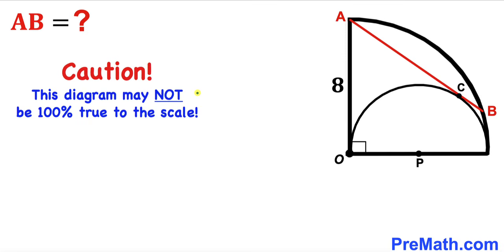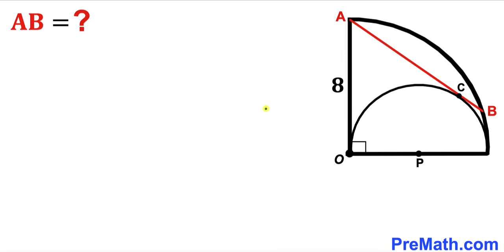Please keep in mind that this figure may not be 100% true to the scale. Let's go ahead and get started. And here's our very first step. We know the radius of this quarter circle is 8 units. So therefore, this radius is 8 units as well.